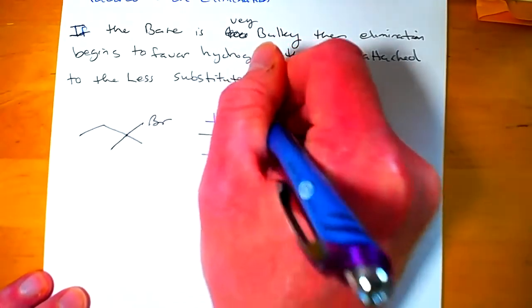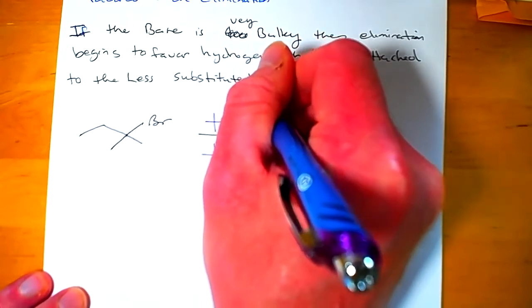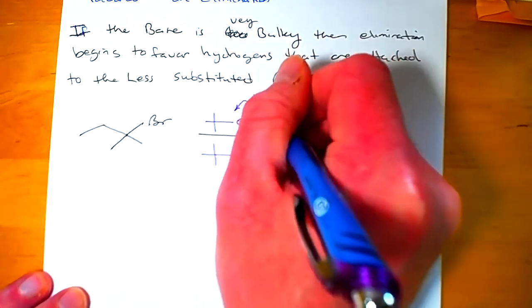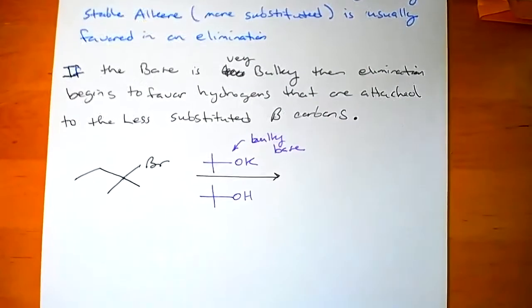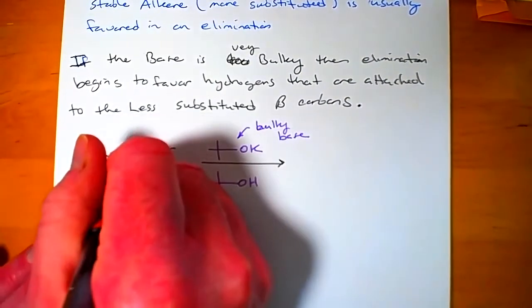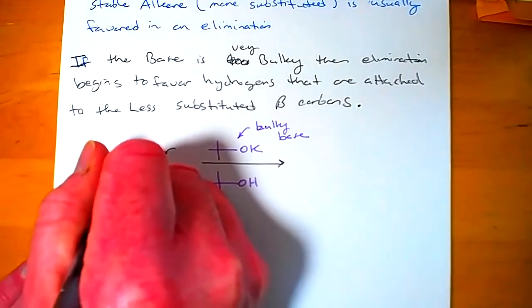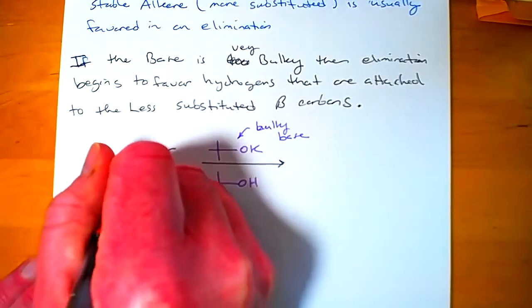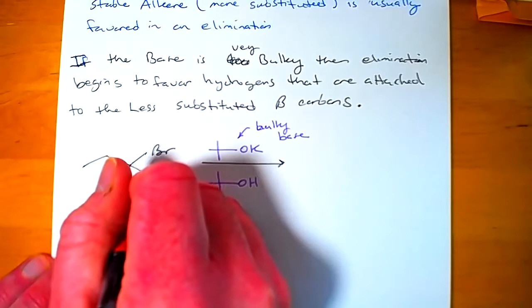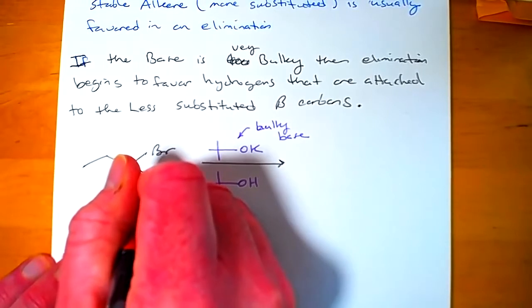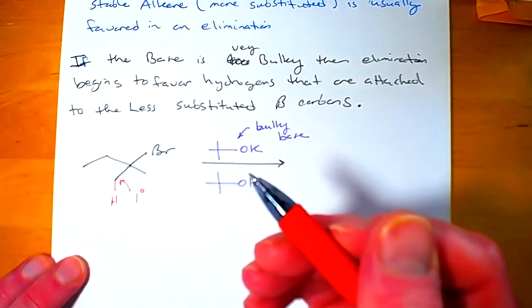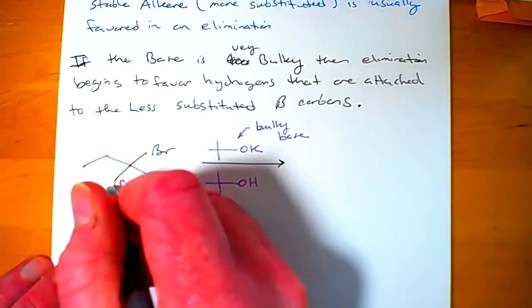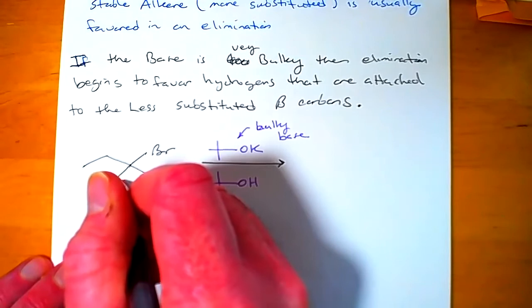Okay, that is clearly a very bulky base. Well, now the hydrogens that were down here, okay, they are attached to what I would refer to as a primary carbon, meaning that carbon is only attached to another carbon there. So these are methyl hydrogens, okay?